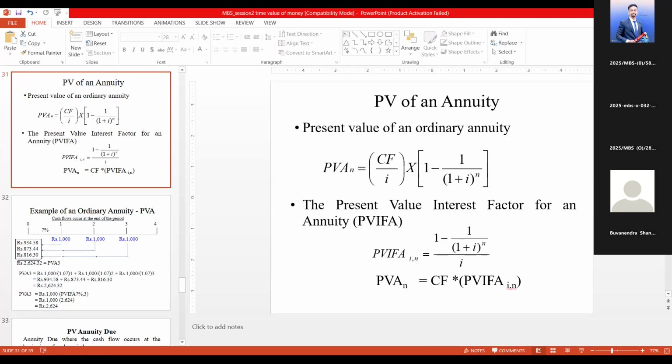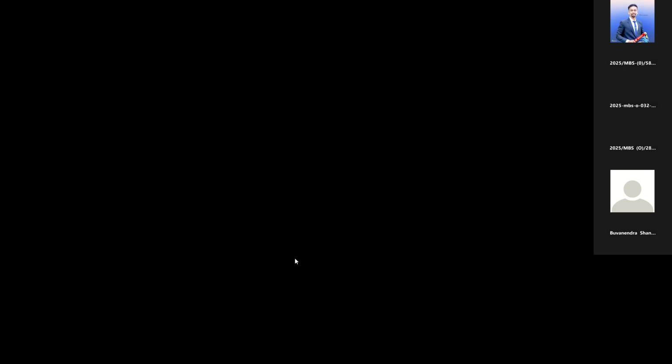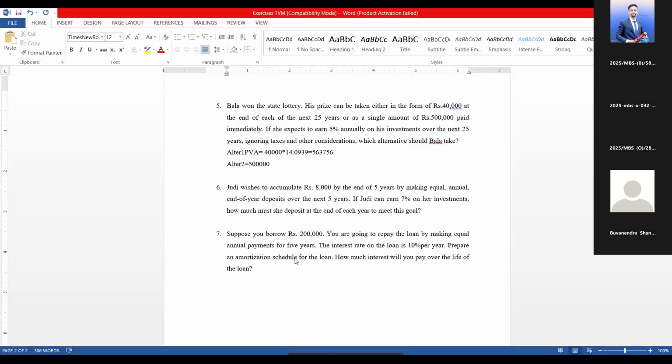Okay, right. So now shall we move to quickly do that amortization schedule question, and then we can wind up the class. Can you try this amortization schedule yourself? Last question, number 7. Suppose you borrow 2 lakhs. You are going to repay the loan by making equal annual payments in 5 years. Interest rate on the loan is 10% per year.